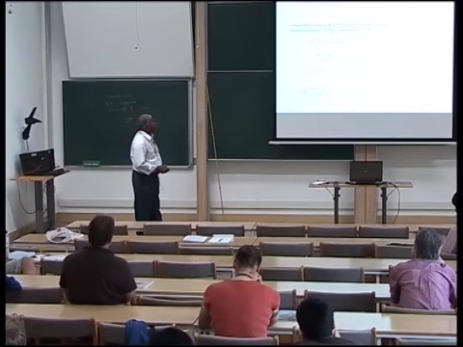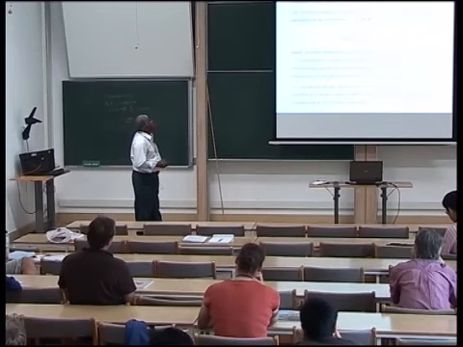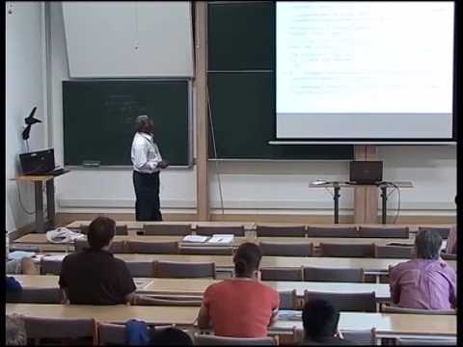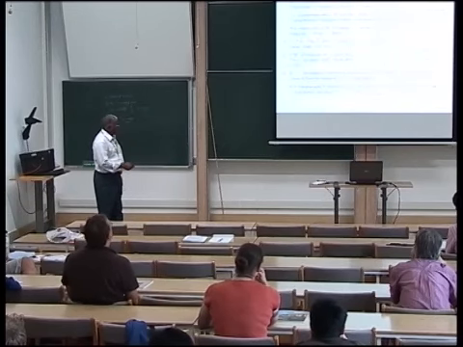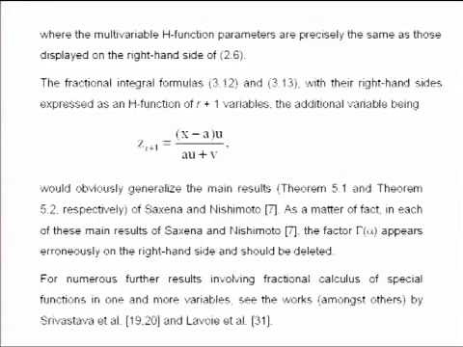By the difference or differential operator, we have the references here. This is for the fractional integral formulas 3.12 and 3.13, where the right hand side has this function of r plus 1 variables, and the additional variable being this one would obviously generalize the main results of Srivastava and Gupta.